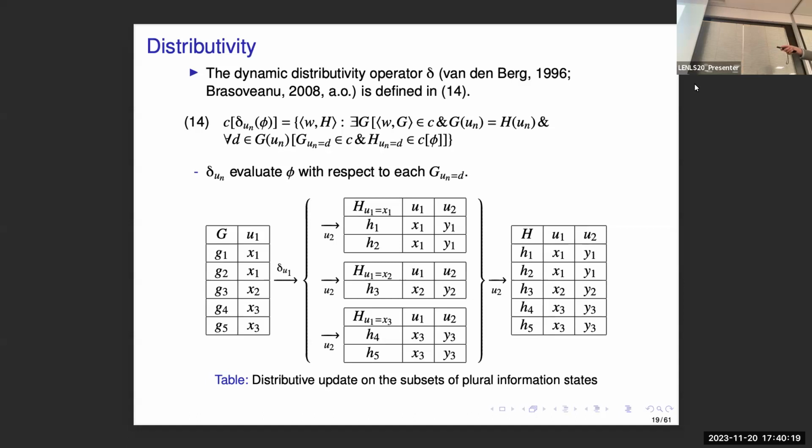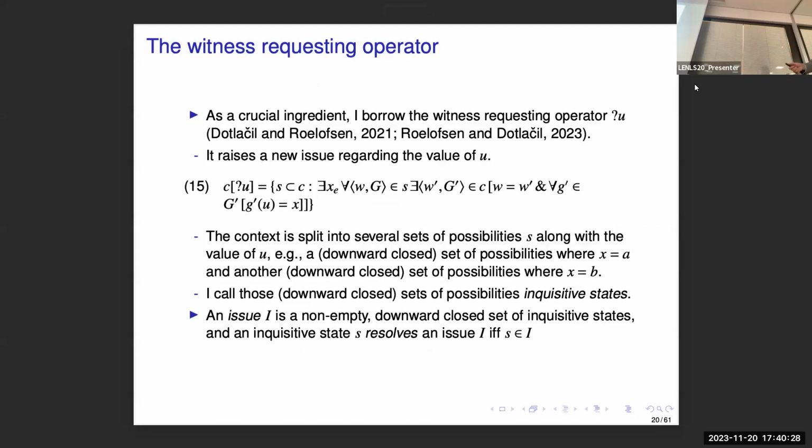So even though it's atomic, at the global level you can store a plural value. And so far, this is more or less standard or safe assumptions in dynamic plural semantics.